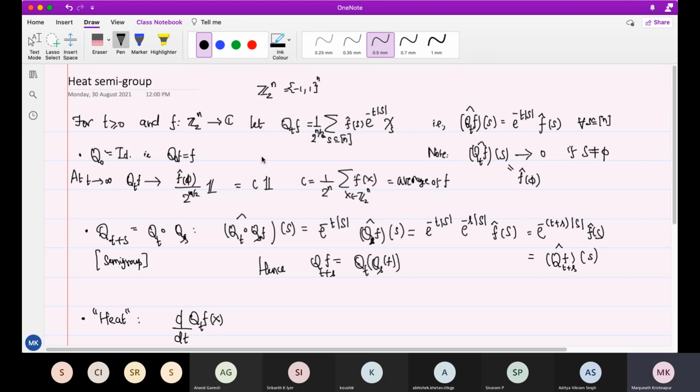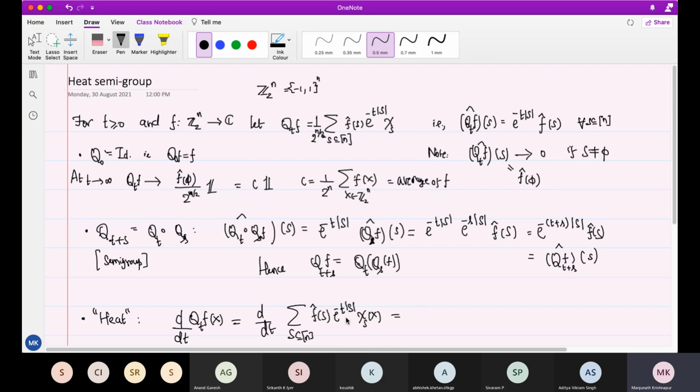Let's look at Q_t f of x and take the time derivative of that. Okay, so what is it? It is d by dt of Q_t f of x, which is just the sum over all subsets of [n] of f hat of S, e to the minus t times the cardinality of S, chi_S of x. Now what happens when you differentiate that?